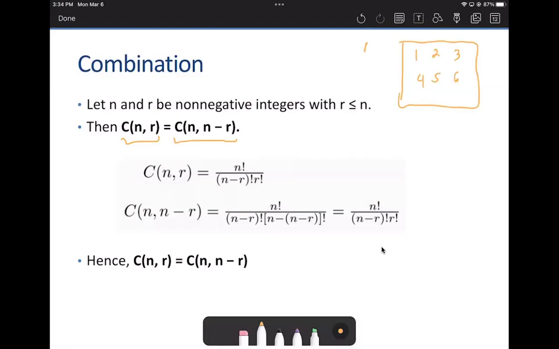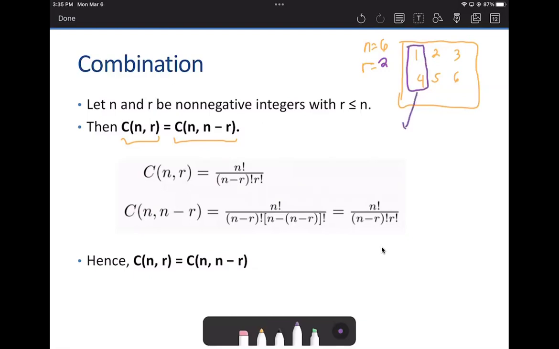Okay, so we have n equals 6. So ang gagawin natin is if we are going to select, let's make it 2. Okay? So, magsaselect tayo ng 2.